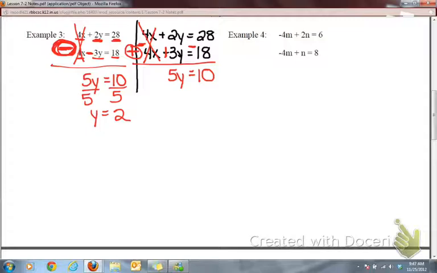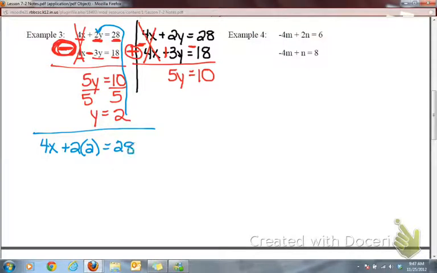You have to plug in that y equals 2 into either one of your equations. I'm going to go back to the original first equation right here and plug it in there because it just seems easier. I think both of them are equally easy. So 4x plus 2 times y, which was 2, equals 28. That's 4x plus 4 equals 28.